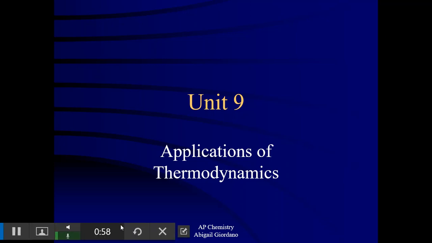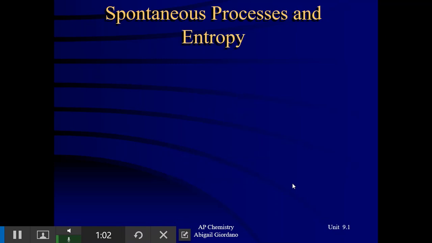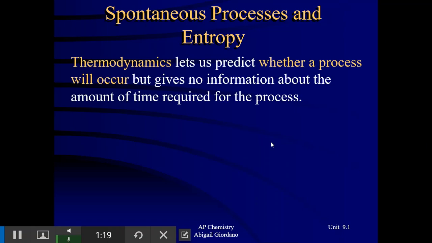So, as I said, we're starting a new unit today. One of the things that is a major topic in all of Unit 9 is predicting whether a chemical reaction will be spontaneous or not. And thermodynamics is a concept that is going to help us make that determination.